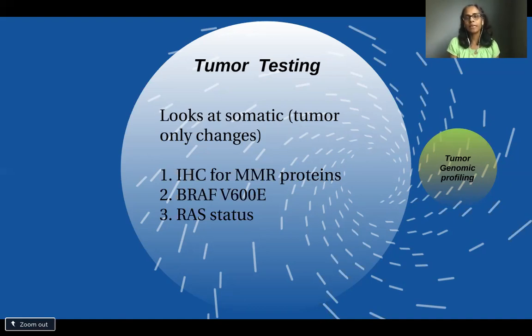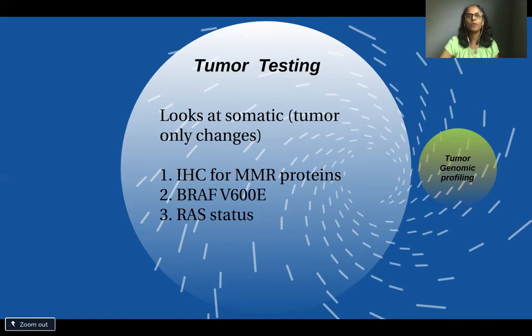So for anybody who has colorectal cancer, it is very important that they know what stage they are, and if they're stage 4, where their primary tumor is and where the mets are. And then the other important thing to know is the status of mismatch repair proteins.